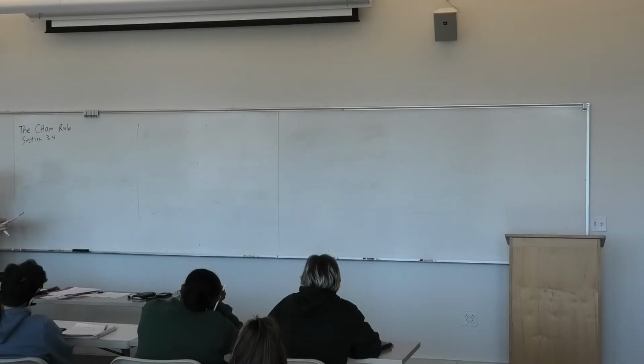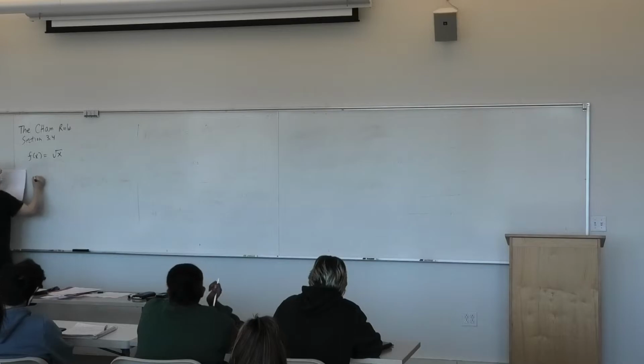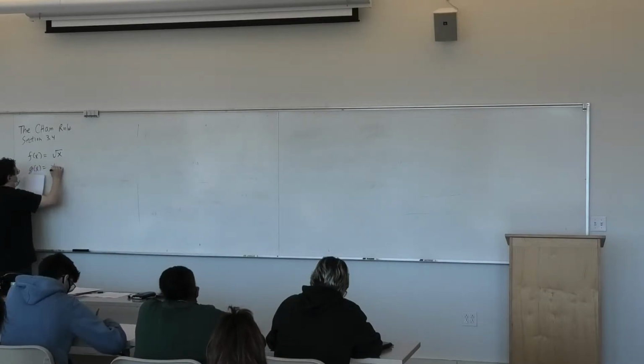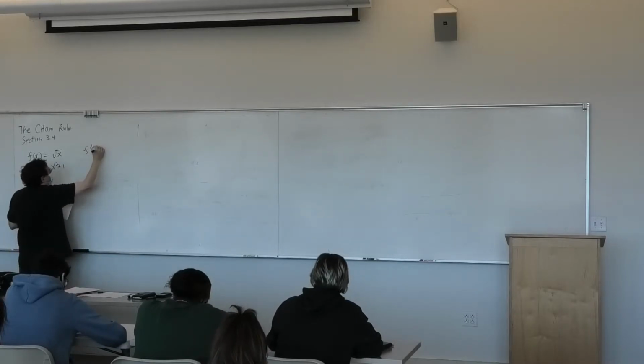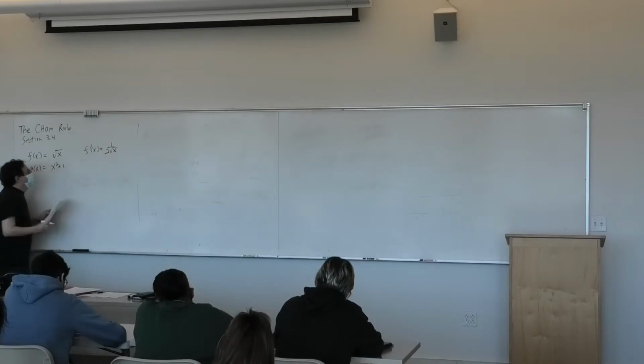All right, let's start with the problem we did before. Well, we've seen this before. f of x is the square root of x. g of x is x squared plus 1. So the derivative of f of x is 1 over 2 square root of x.